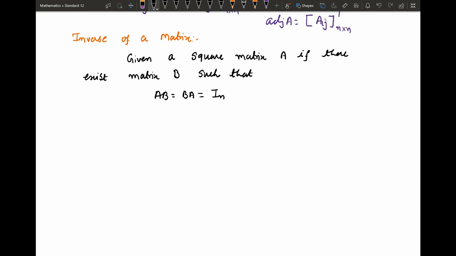The order will be according to A. If A is a 3 by 3 matrix, then it will be I3.